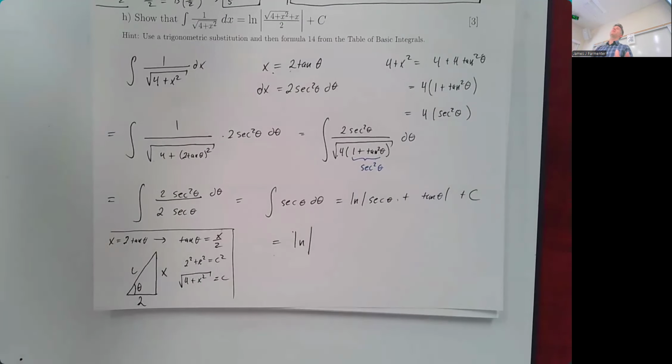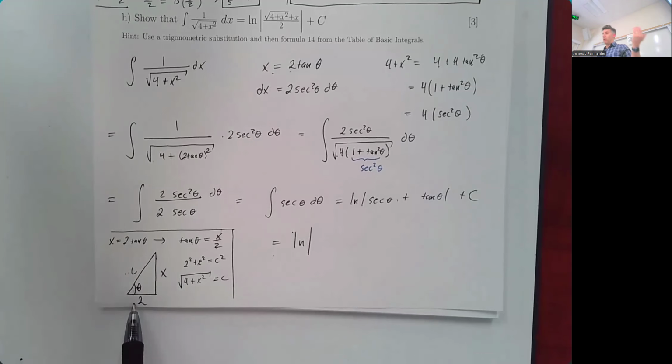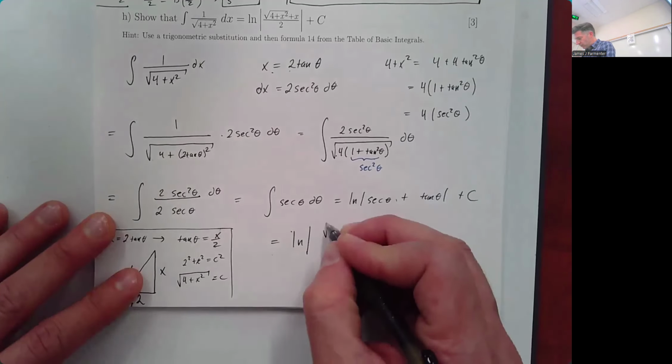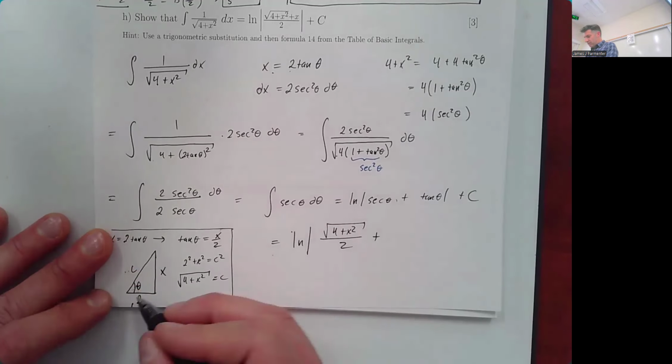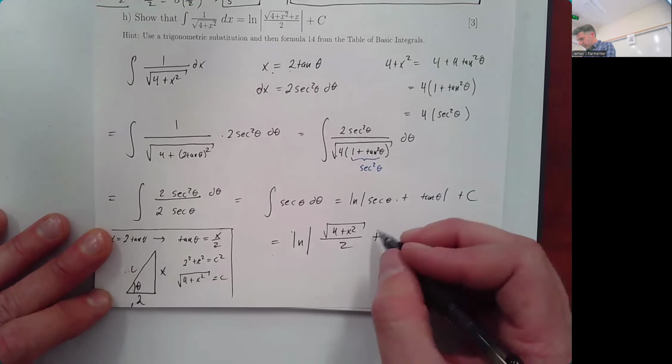But I did know that secant was the reciprocal of cosine, and cosine is the adjacent over the hypotenuse. So cosine of theta is 2 over the square root of 4 plus x squared. So secant of theta is the square root of 4 plus x squared over 2. It's the hypotenuse over the adjacent. That's going to be the square root of 4 plus x squared over 2 plus tangent of theta is opposite over adjacent, which is x over 2.